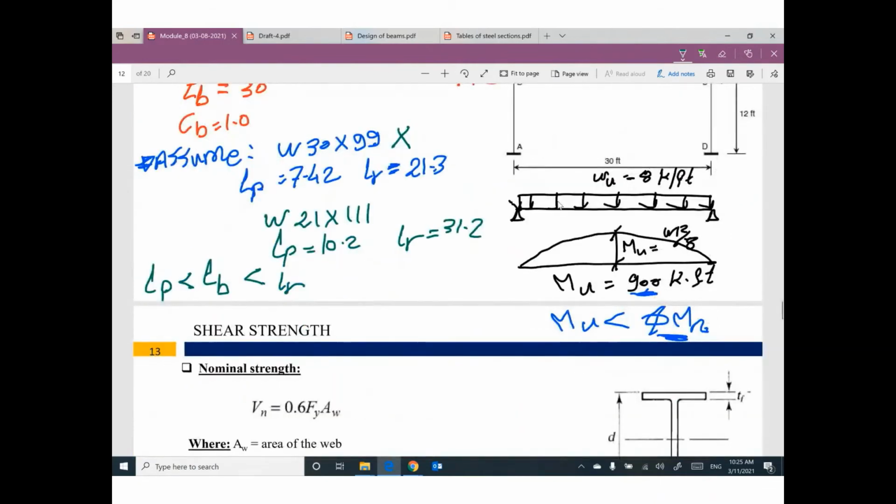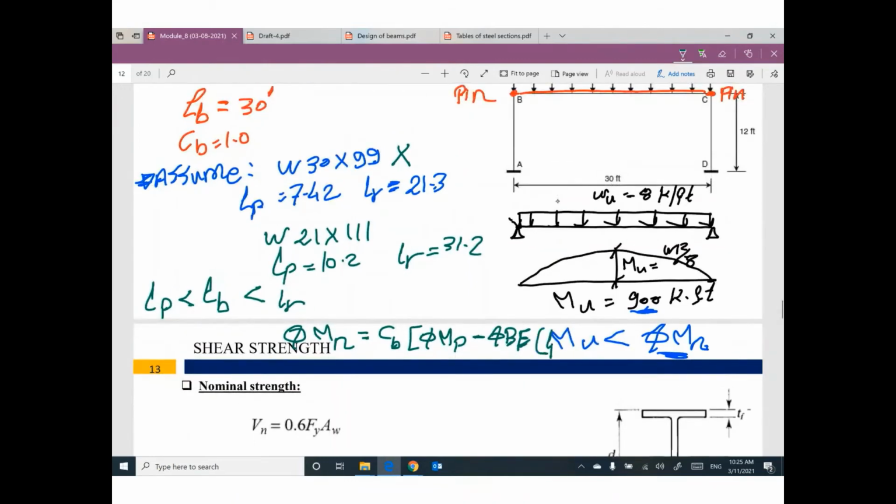So the value of phi MN equals CB times phi M plastic minus phi BF times LB minus LP.